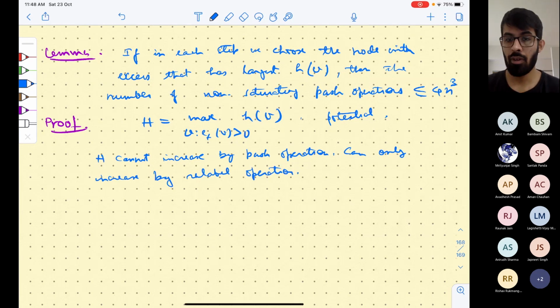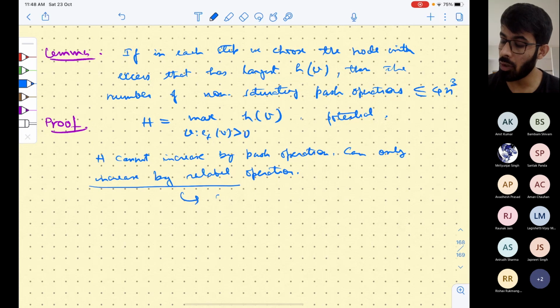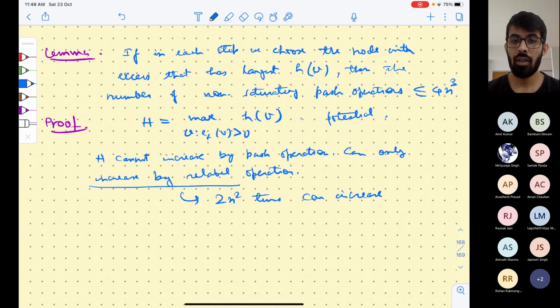Right? Good. So how many times can H increase? 2n square, because it only increases by relabel operations. So 2n square times it can increase. Right? And it remains non-negative.